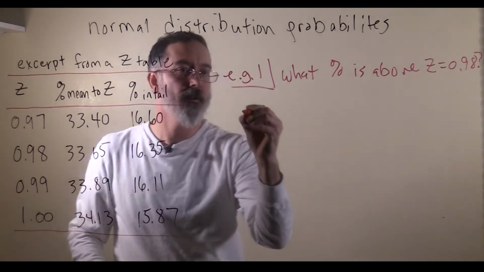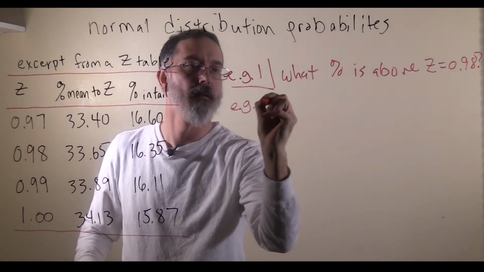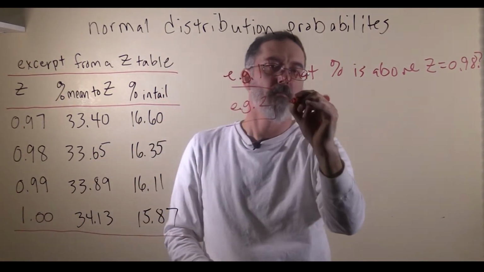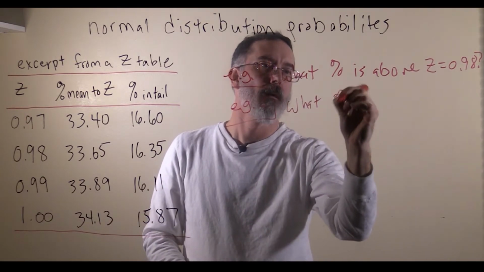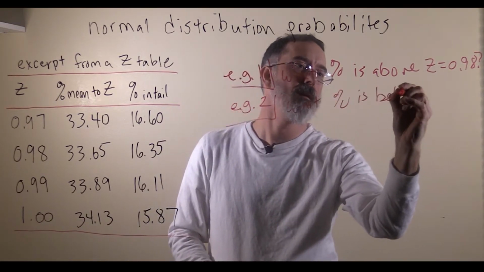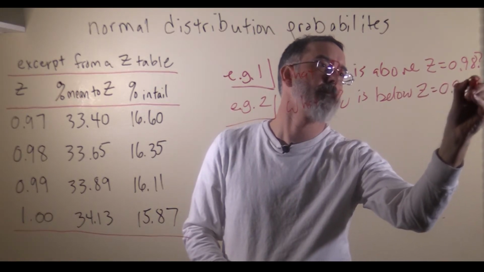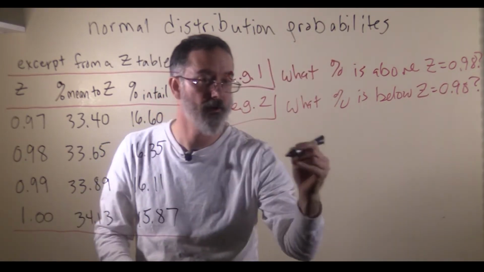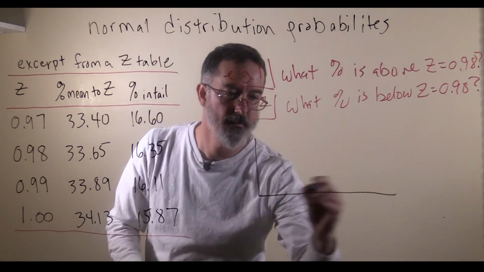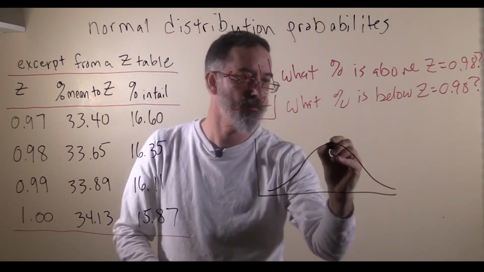Now let's look at a very closely related question, which is what percent is below z equals 0.98. Again, I encourage you to draw the normal distribution as you work through any of these problems.